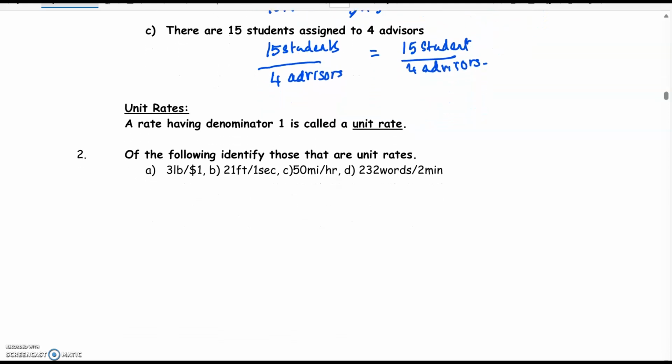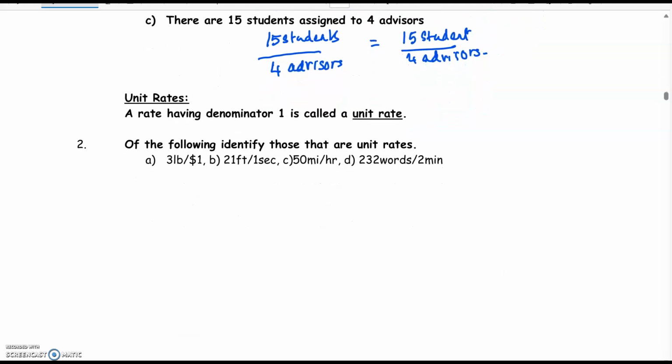Now, if the denominator is 1, we call it a unit rate. So $2.99 per pound. What does that really mean? It's $2.99 per 1 pound. So that's called a unit cost.